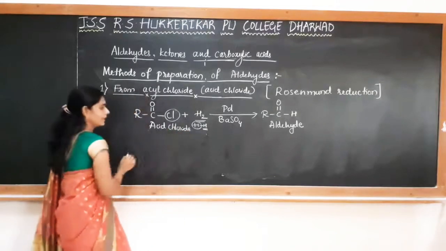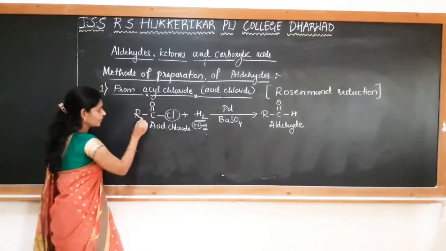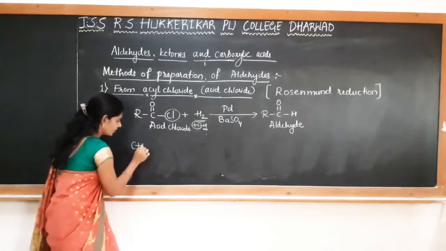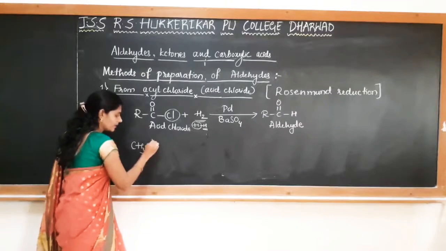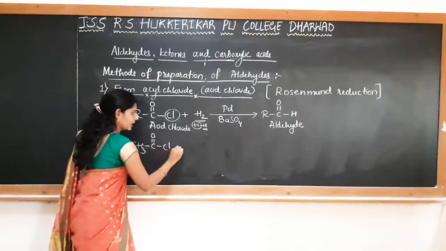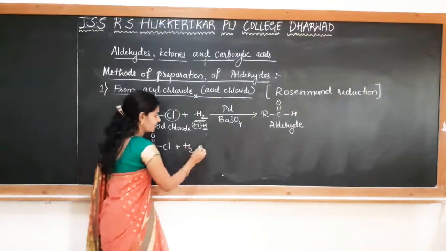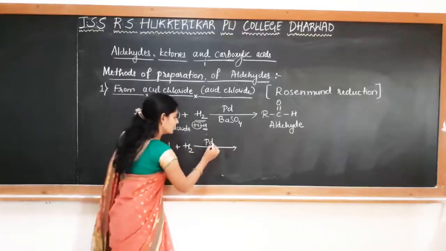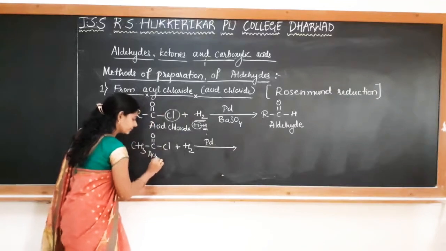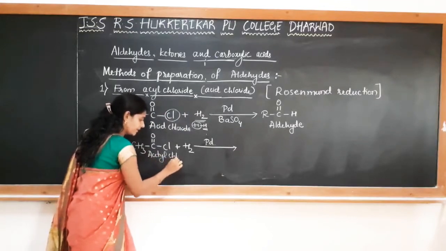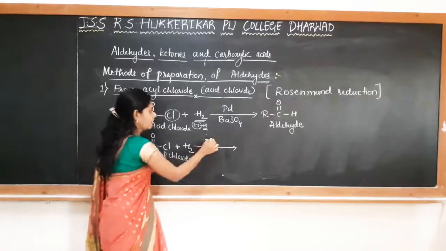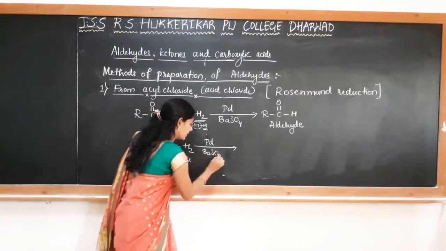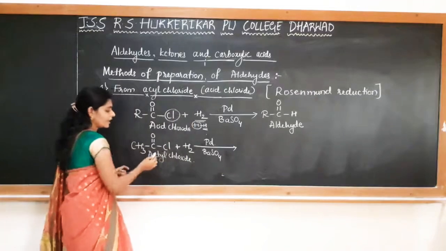I'll write an example for this. In place of R, you can take any alkyl group or aryl group. If I take CH3COCl, which is acetyl chloride, and pass dihydrogen over it in presence of the catalyst palladium and barium sulfate, it results in the formation of acetaldehyde.